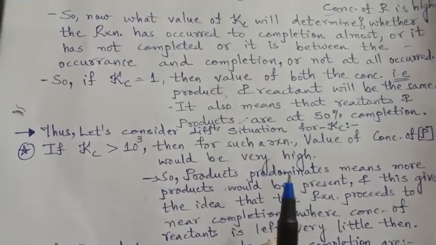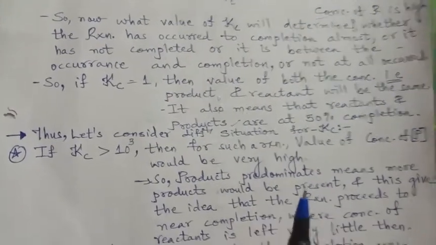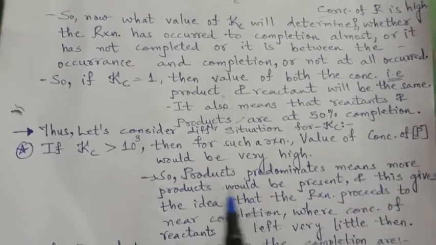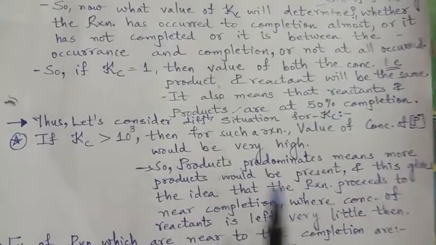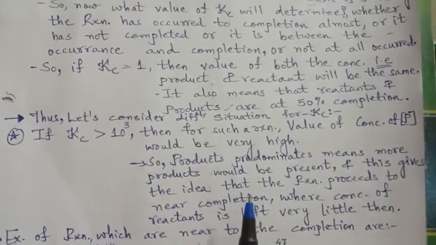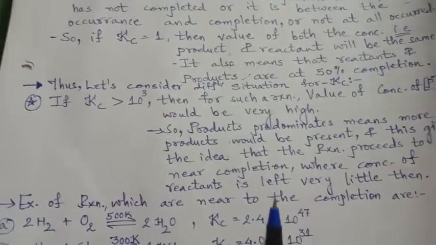That means it will become the boss and the reactant has to be mild for it. Products predominate means more products would be present, and this gives the idea that the reaction proceeds to near completion, where the concentration of reactants is left very little at that time.